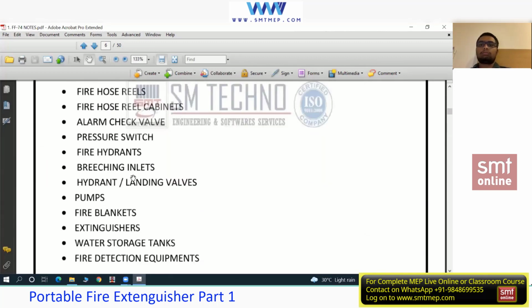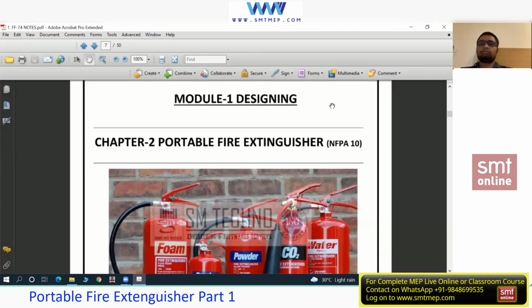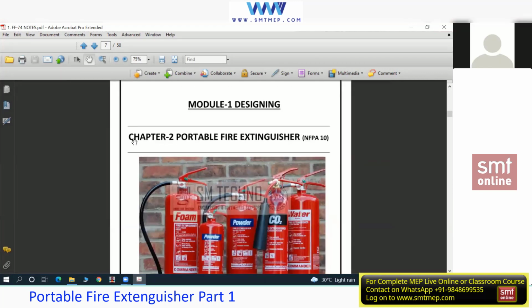So jump to the page for this portable fire extinguisher NFPA 10. And you know why we are calling it portable. You will find the trolley type, big, higher capacity also, but generally this is a manual type. In this you'll find an automatic option also, but most commonly, what we use in actual practice is the manual type.